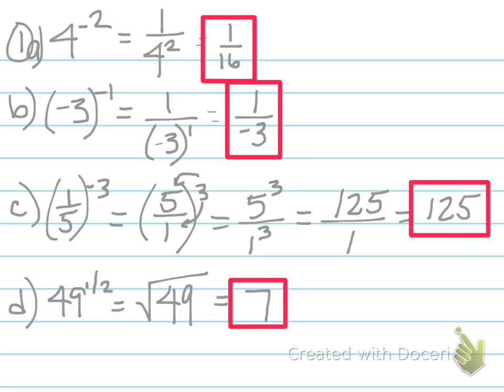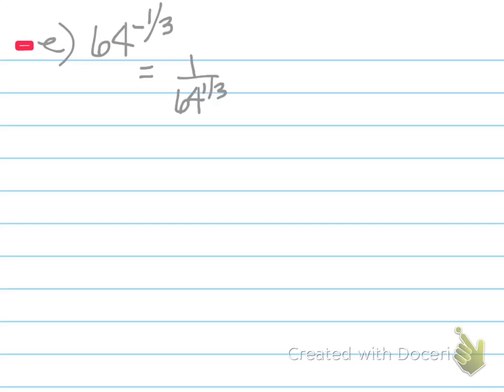All right, so on to E. E says 64 to the negative 1/3 power. So that will be equal to, I'm going to change that to 1 over 64 to the positive 1/3 power. So get rid of the negative exponent and then change the rational exponent to 1 over the cube root of 64.